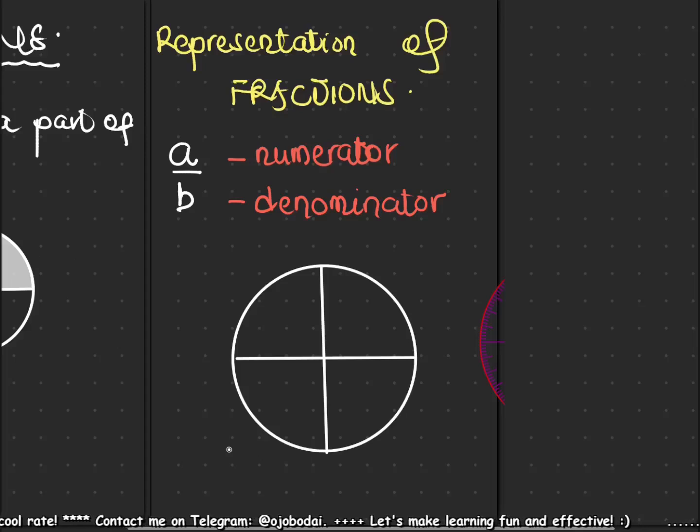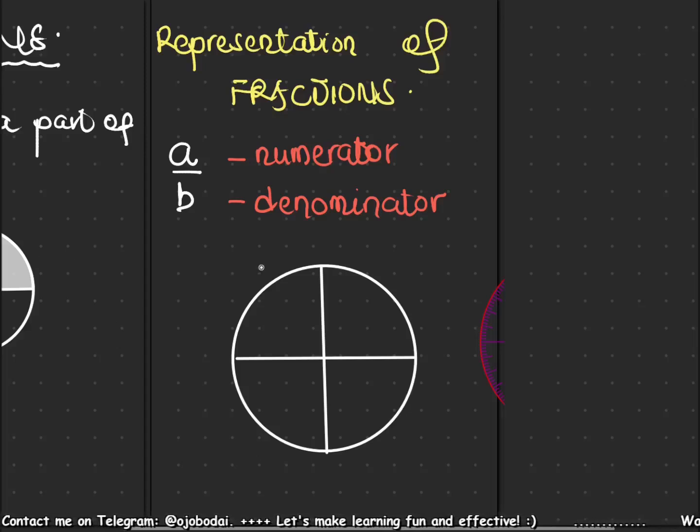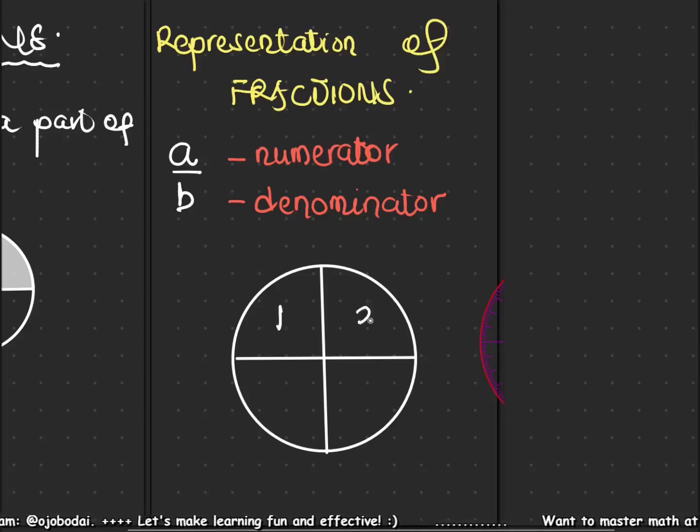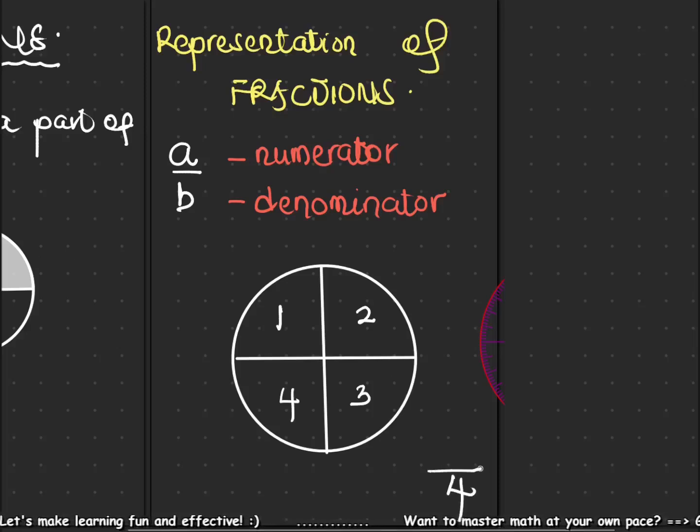If you want to represent this, the first thing that should come into mind as our denominator is 4, because we are saying the denominator represents the total number of equal parts. So we have 1, 2, 3, and then 4. There are 4 equal parts. So this representation here will be 4 as our denominator.